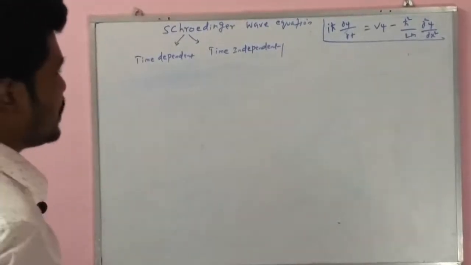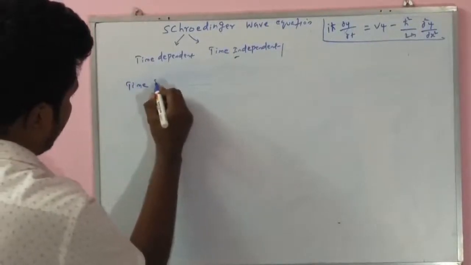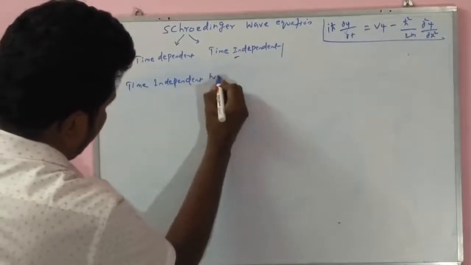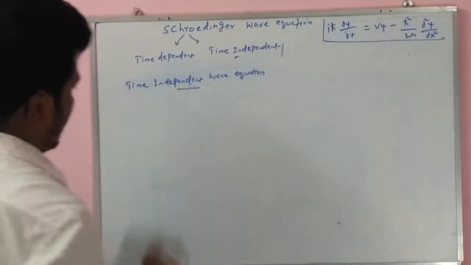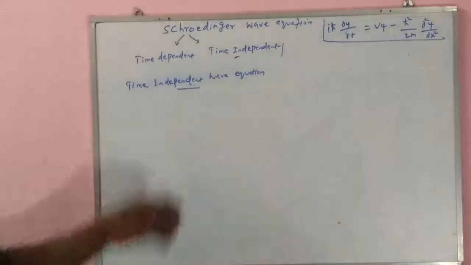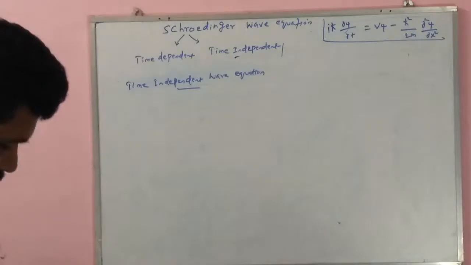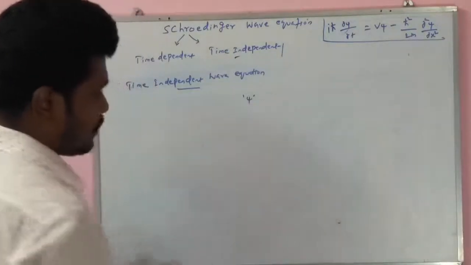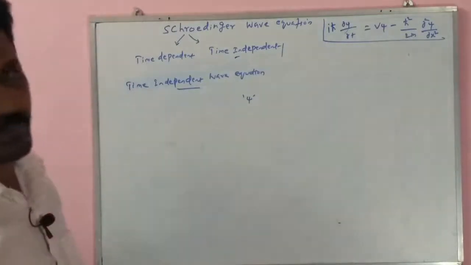Next is the time independent wave equation. We use the time independent wave equation rather than the time dependent wave equation, because the wave function ψ is dependent on time.